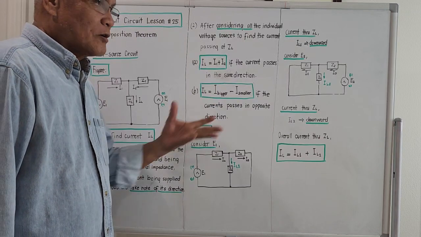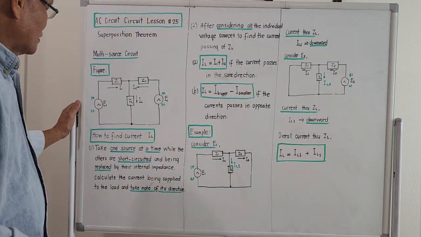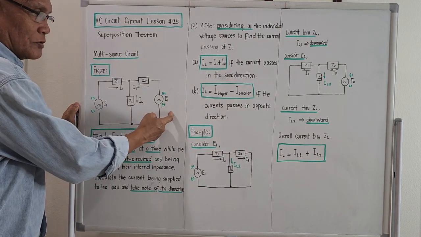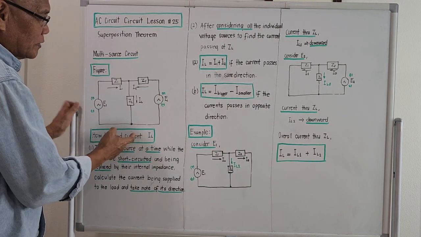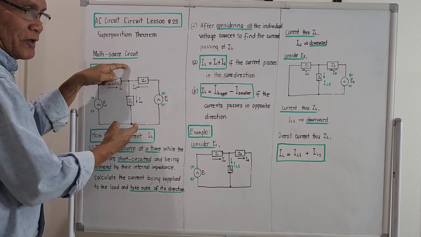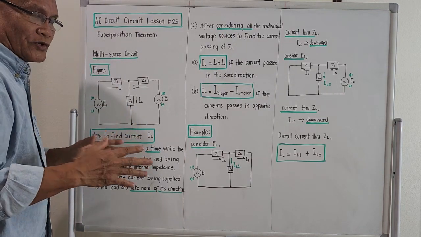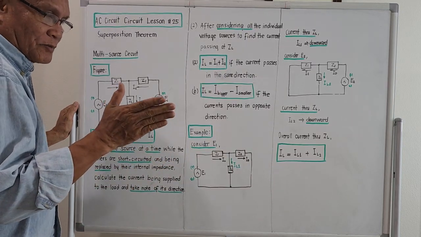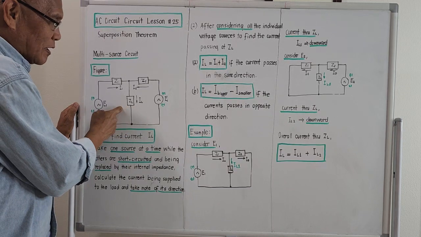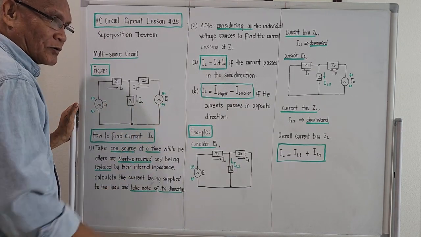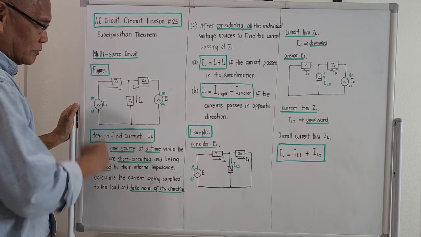The configuration will be something like this. This should be generator number 1, generator number 2, and connected across the terminals is a load CL. The question is how much current passes through load CL due to source number 1 and source number 2 with this given configuration.